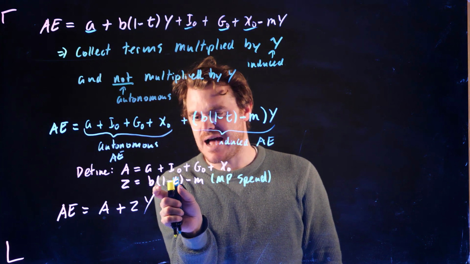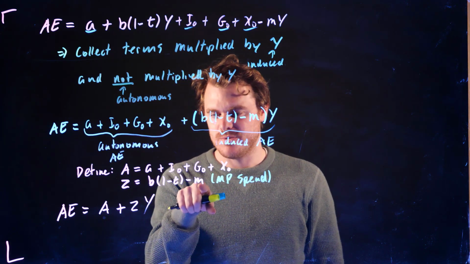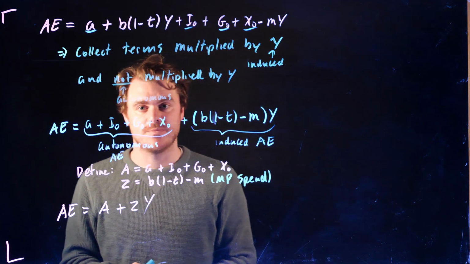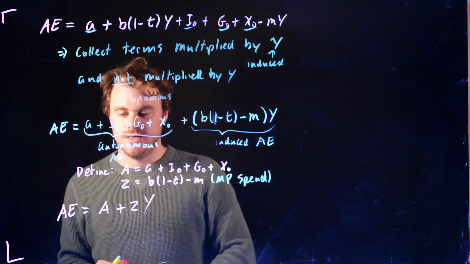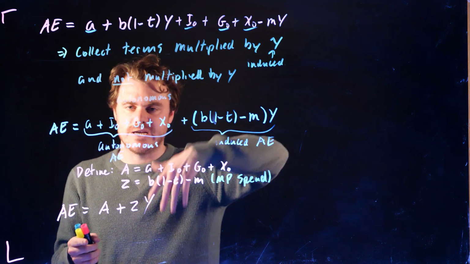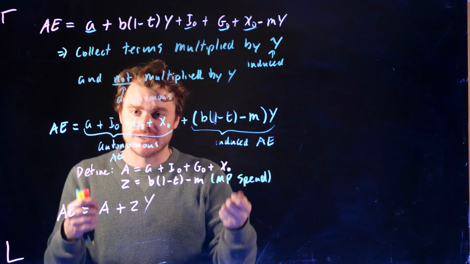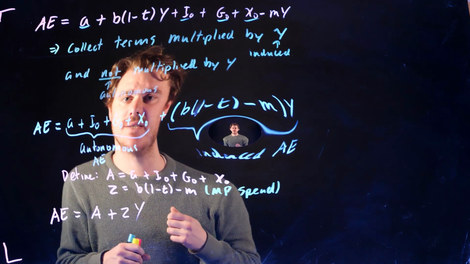We have these taxes that are multiplied by that marginal propensity to consume, and we're subtracting M, that marginal propensity to import as well. But now this looks the same, so let me quickly erase this board and we can draw it out and talk about this AE function, and then we're going to solve for equilibrium just like we did last week.